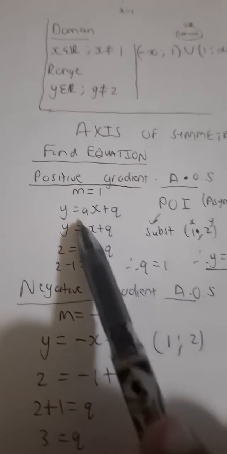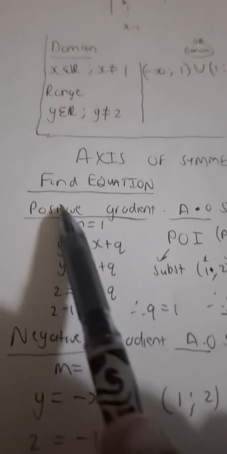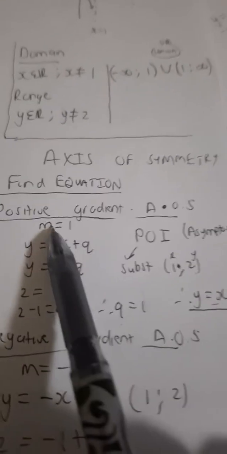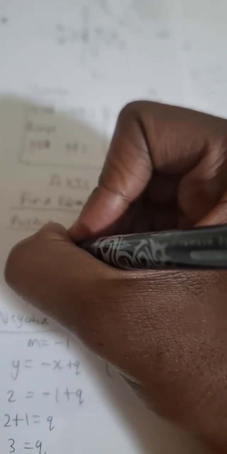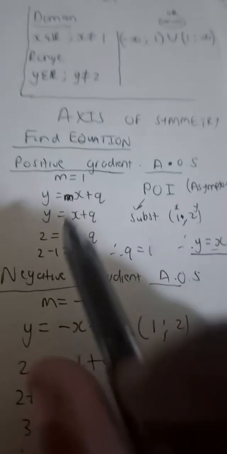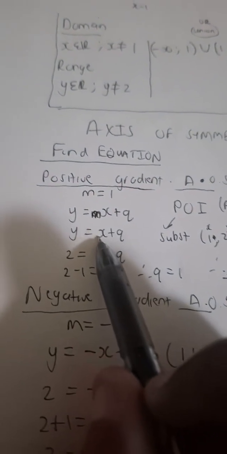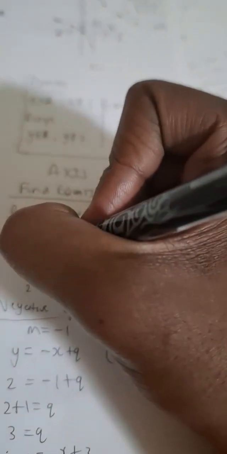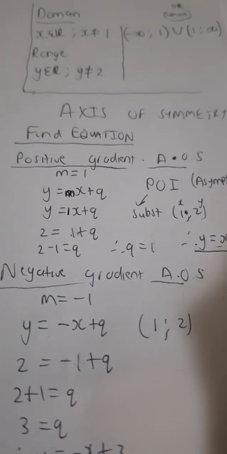So when we go and find the equation, we must note that the gradient of the positive gradient axis of symmetry is 1. So in the place of where the gradient should be, we write positive 1. There, 1 is there, unseen but present. Okay, we're just showing it there.